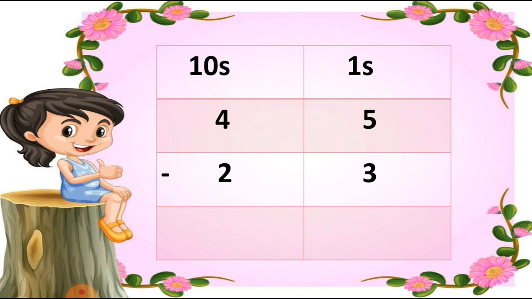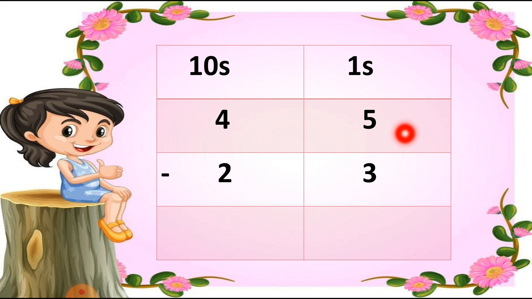So students, here is the ones column, 5 minus 3. You can see the minus sign, which indicates we have to cut the numbers, take away the numbers. Here is the number 5 at the top, and number 3 at the bottom. Now we have to cut 3 from this 5.